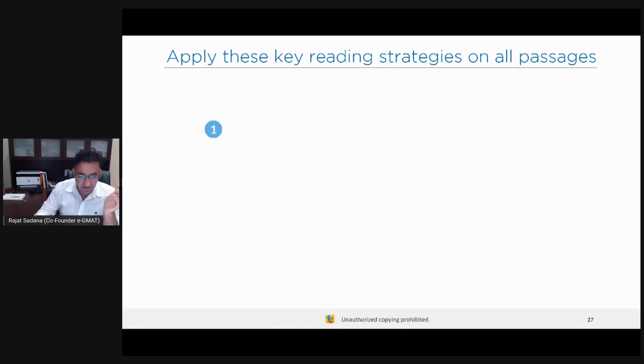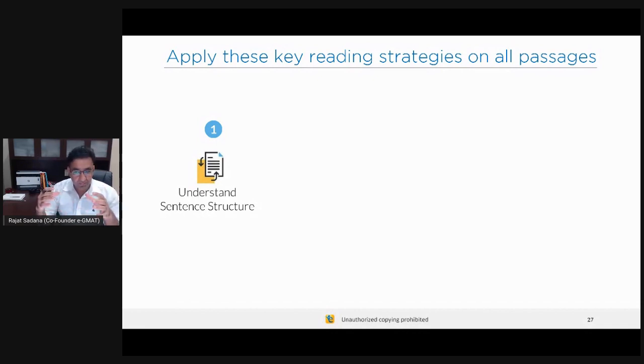So the first reading strategy that we want to focus on is understanding sentence structure. How many of you, when you read a certain sentence while reading an RC passage, feel that you're lost, that you read something that you didn't understand? You couldn't understand what the author was talking about.